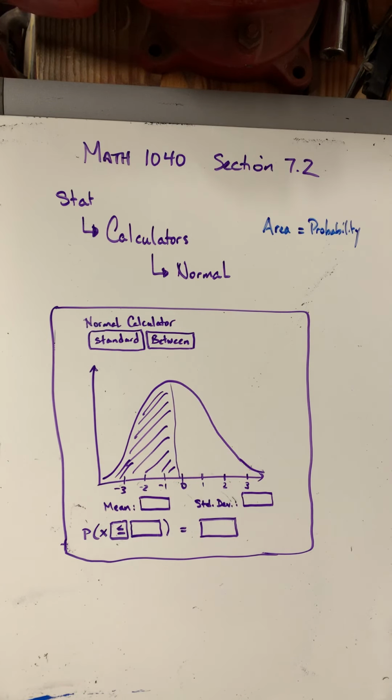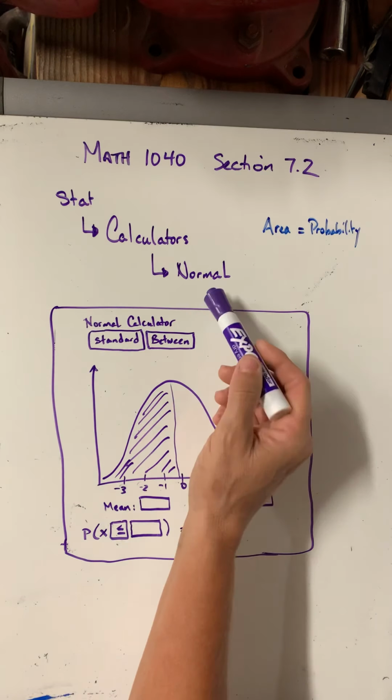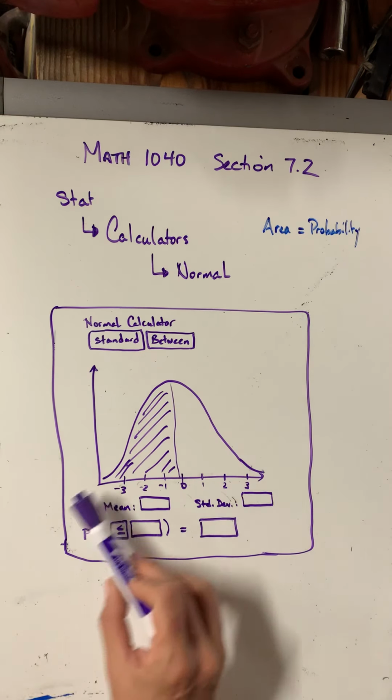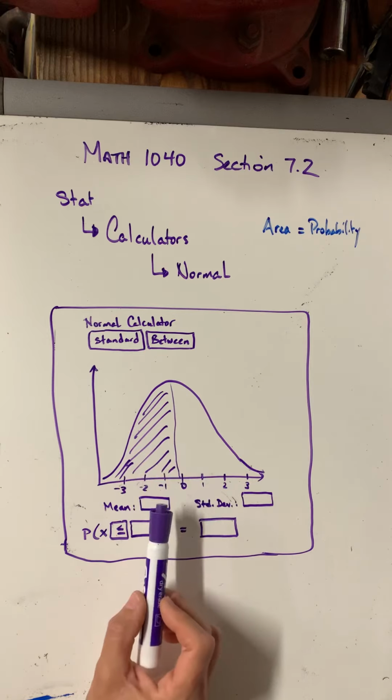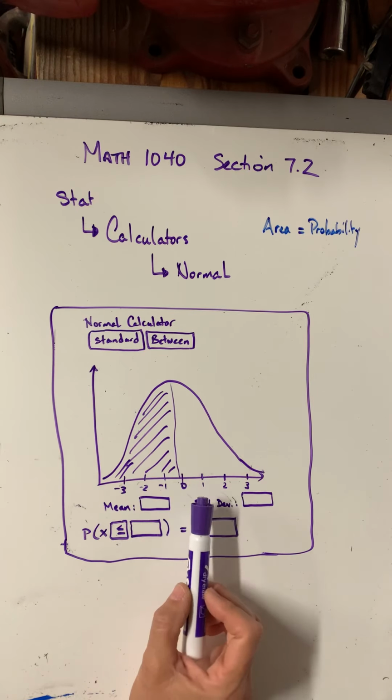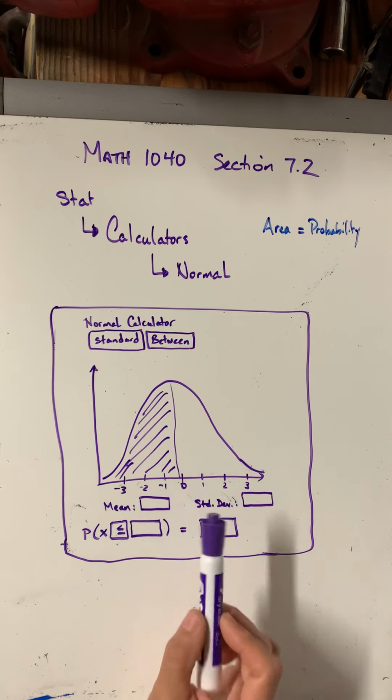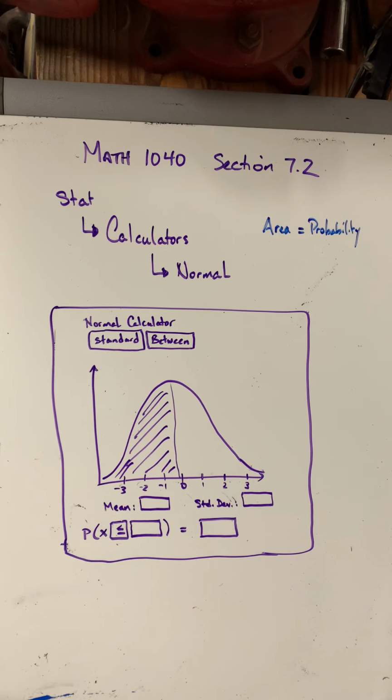Look for that keyword in the question, because when you're taking a test, all the questions are scrambled, so you're not really sure what you're doing. If it says the word normal, that tells you that you're using a normal curve. And if they want you to find the probability, the z value, or the x value, I would use the normal calculator from StatCrunch.